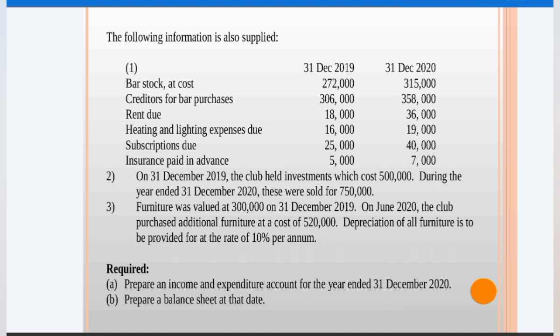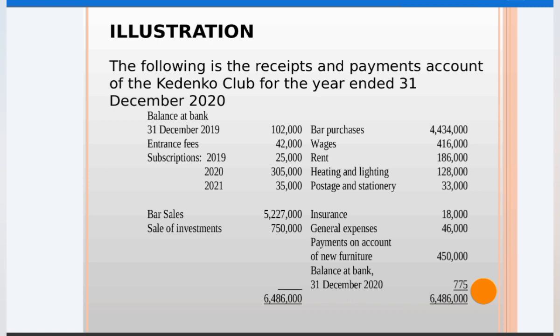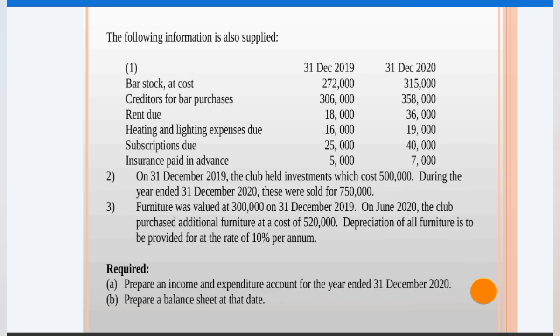The receipts for the current year are 305,000. So this should be added to the receipts of the next year, 2021.